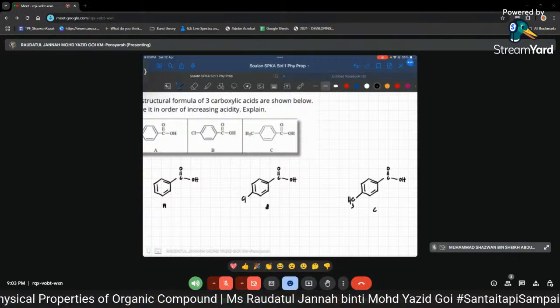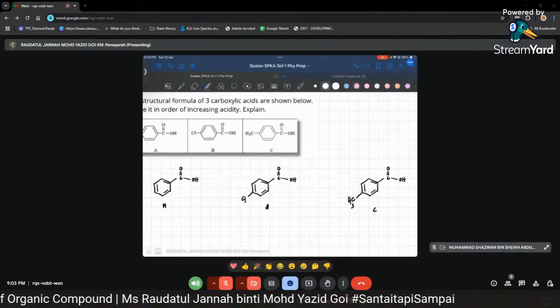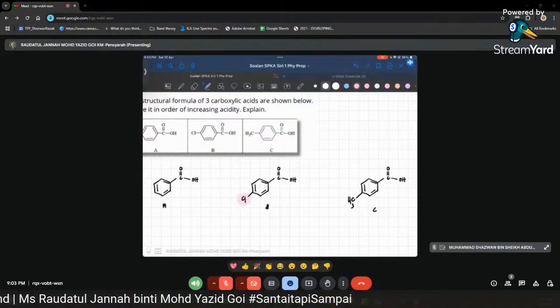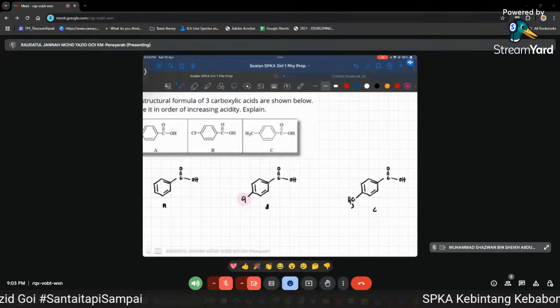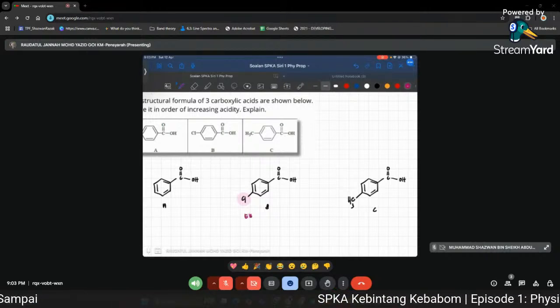Okay, nothing much. And when you look at structure B, we have the presence of chlorine. Chlorine is very electronegative, so you know for sure this is your electron withdrawing group.